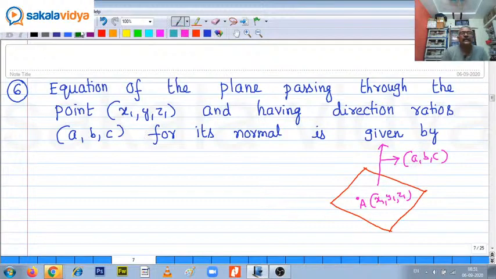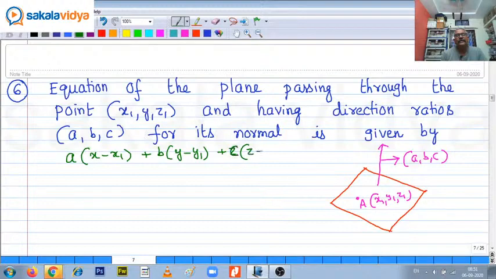So how to find it: a times (x minus x1) plus b times (y minus y1) plus c times (z minus z1) equals 0.